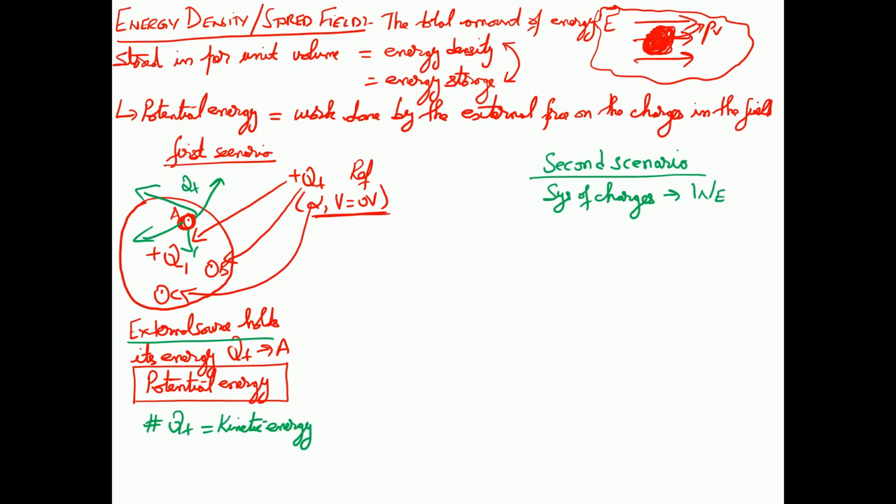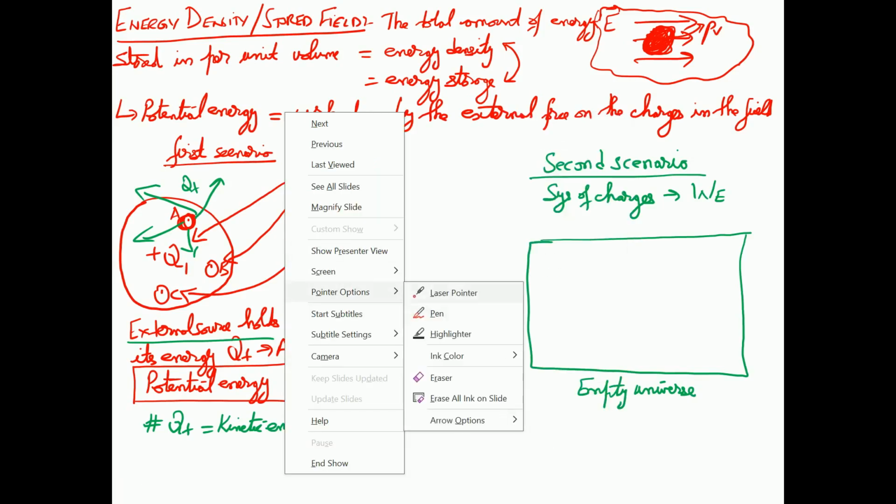Now we consider that we have an empty universe. Let me draw a flat empty universe. This is my empty universe. Now I bring a charge from infinity, or let's say in this universe, the first charge that appears is Q1.